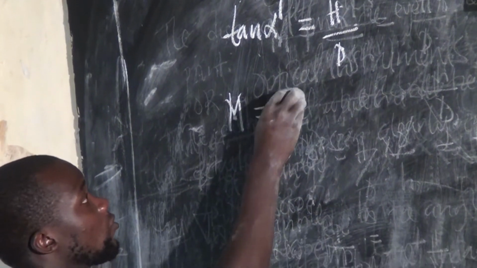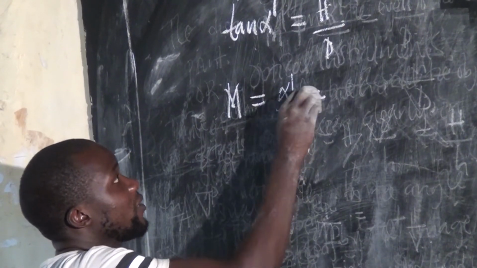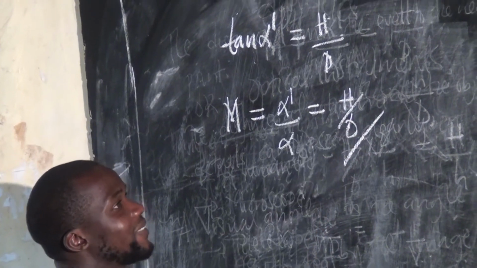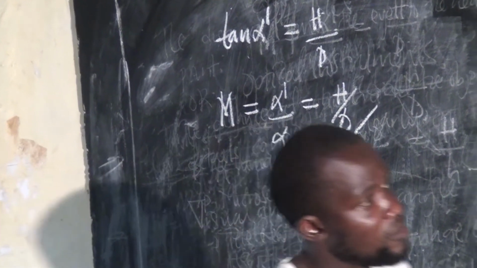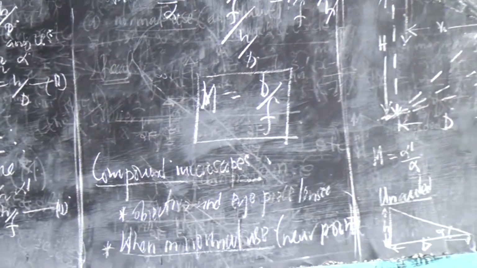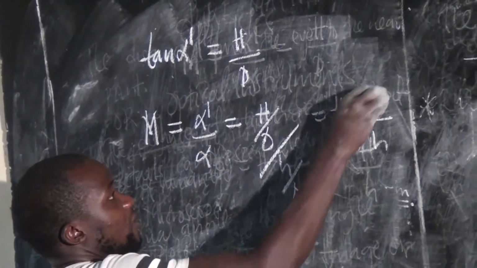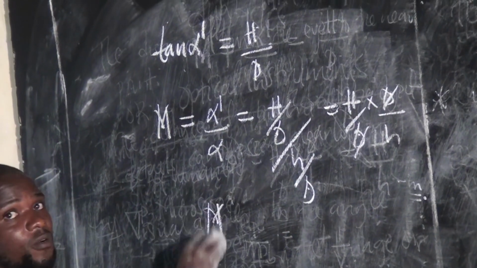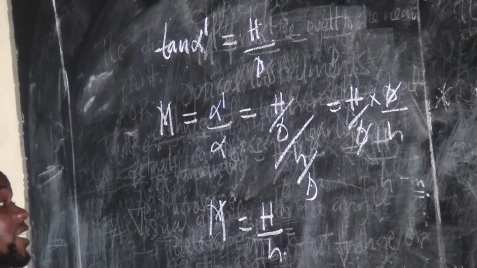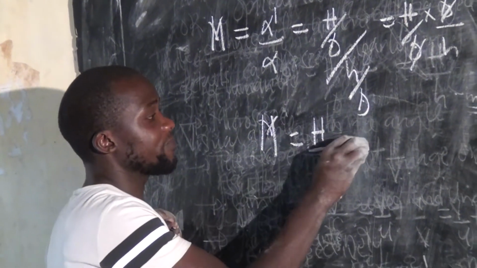That magnification will be alpha prime over alpha, giving us capital H over D, divided by small h over D. The magnification now becomes capital H over h, like that.